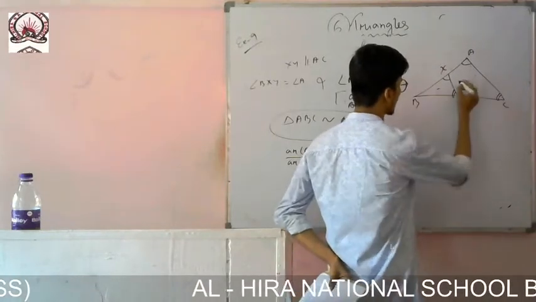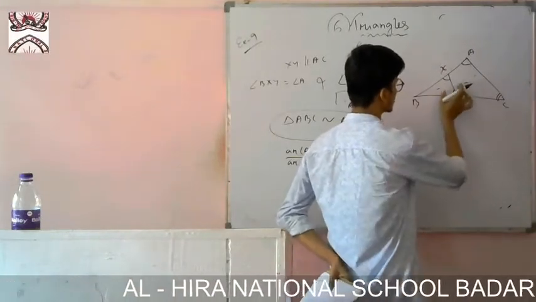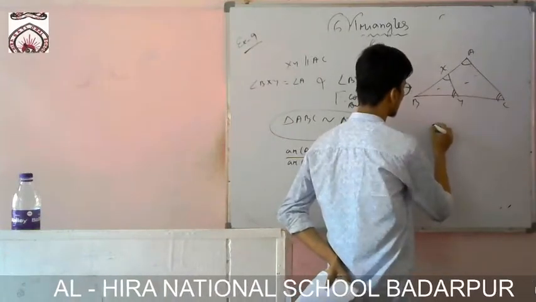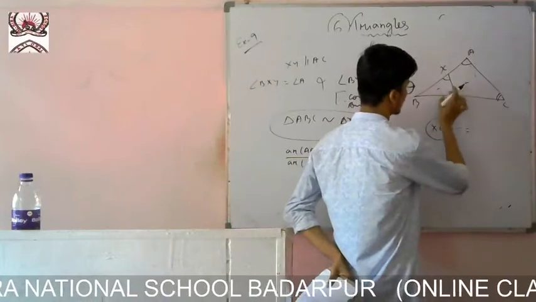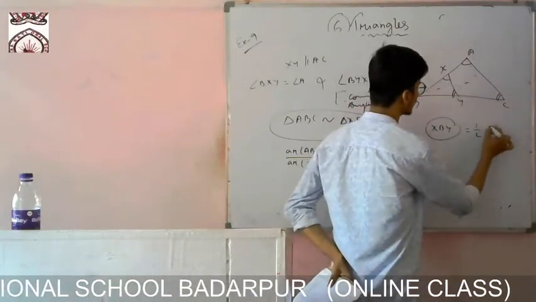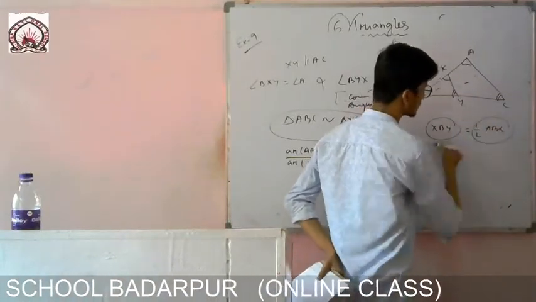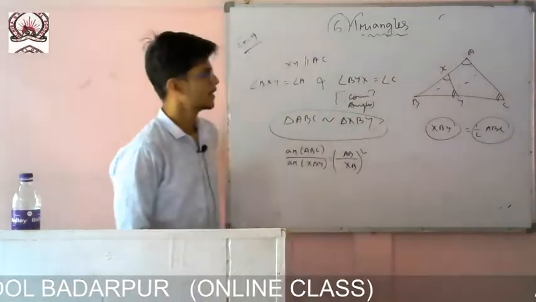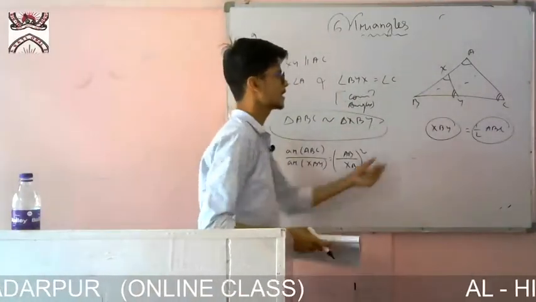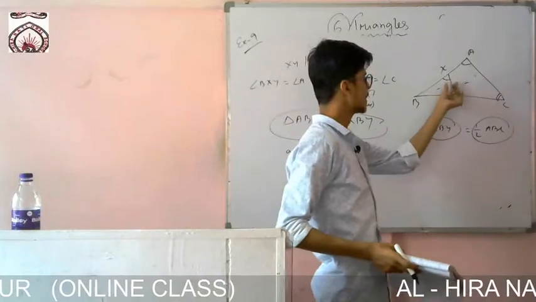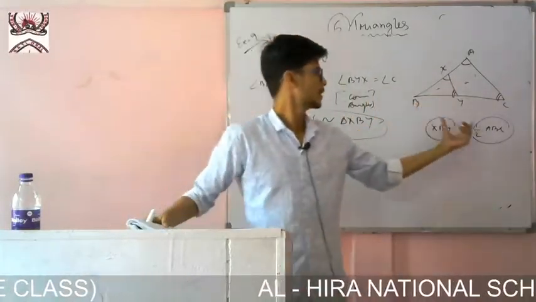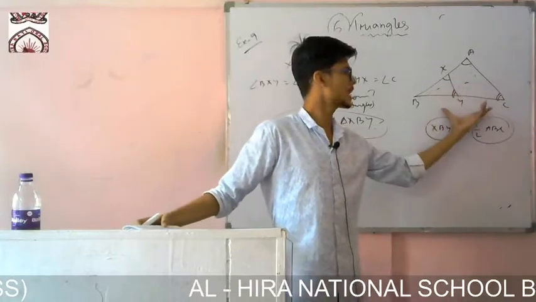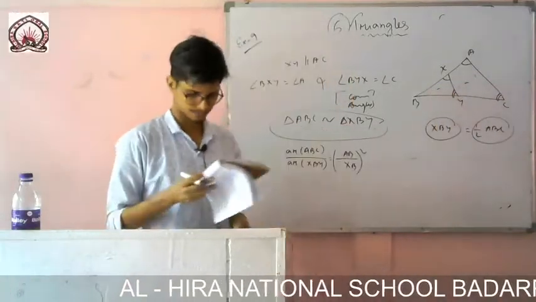So if it is same, I can write area of triangle XBY equals half of the whole, half of the triangle ABC. After drawing this line, these two areas are equal, that means this area is equal to half of this whole triangle.